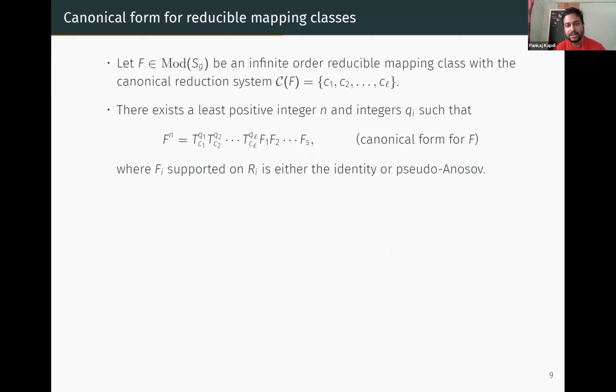While cutting, you may get a disconnected surface, and in the complement, this reducible map might permute those components. So you take a high enough power so that all the permutations get killed and all the periodic components also get killed, right? Because in the complement there can be two kinds of mapping classes due to the Nielsen-Thurston classification, either periodic or pseudo-Anosov.